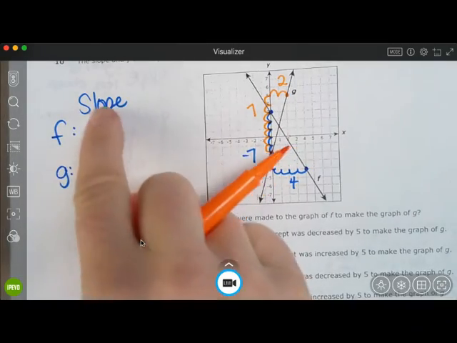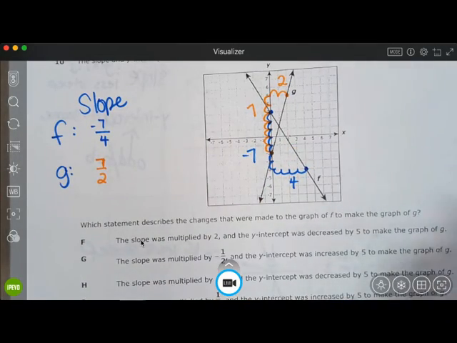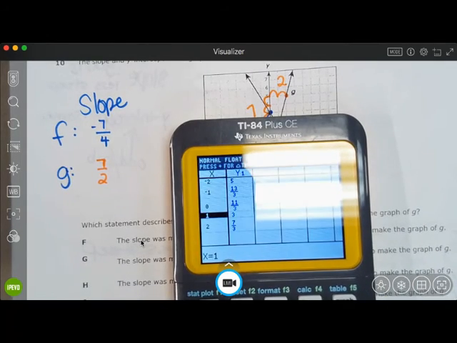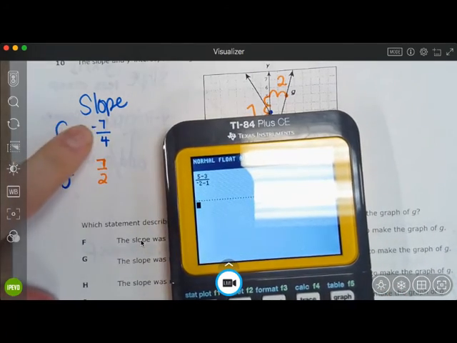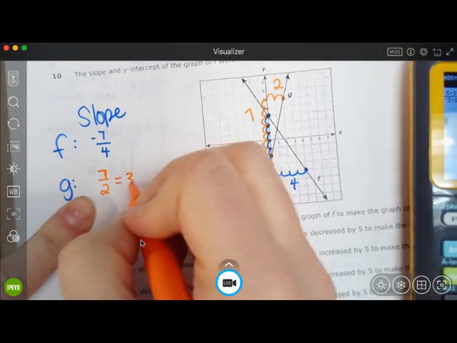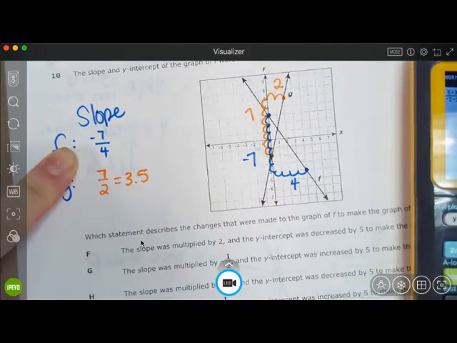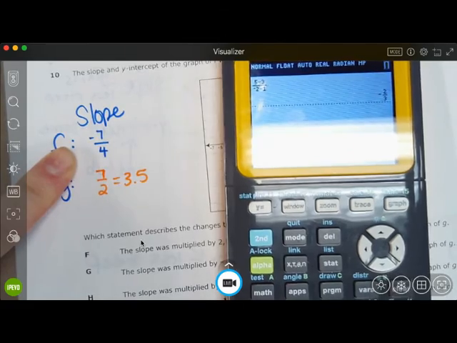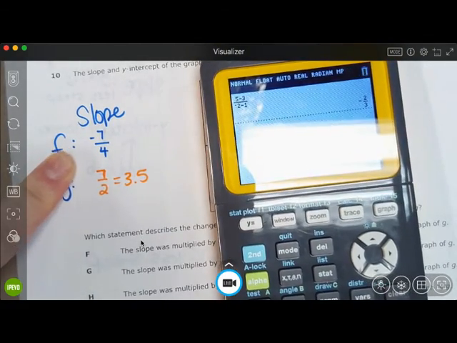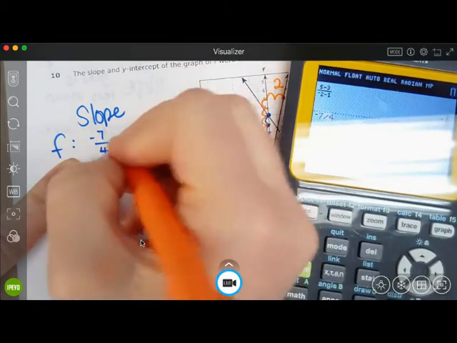Why don't we change these into decimals? This one's 3.5, so positive 3.5. What is this one? Negative 1.75. Yep.